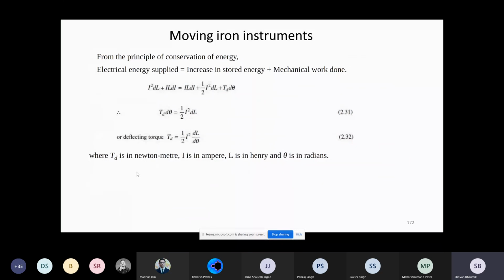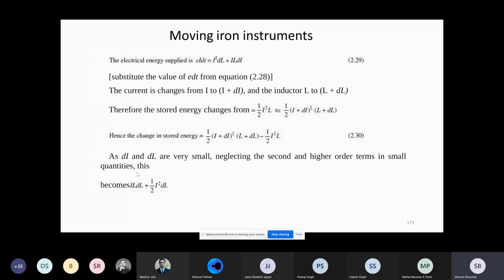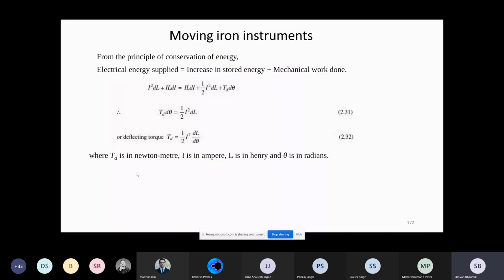You see that equation 2.29 is balanced, so i L di will be cancelled out.